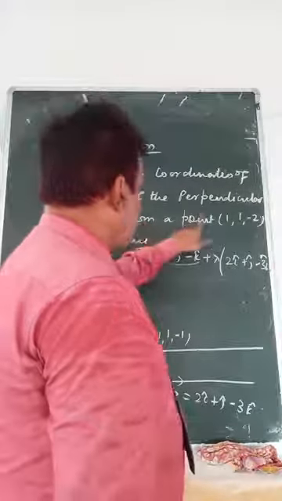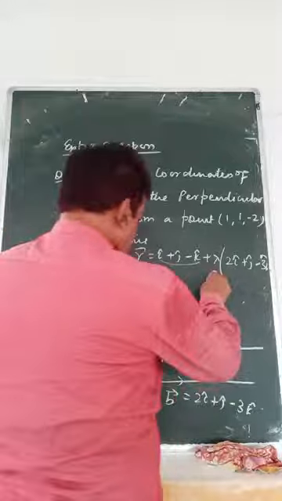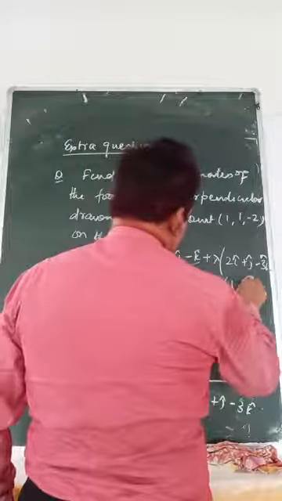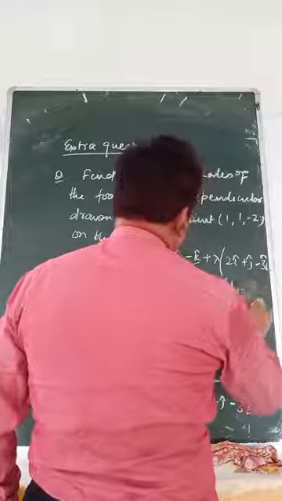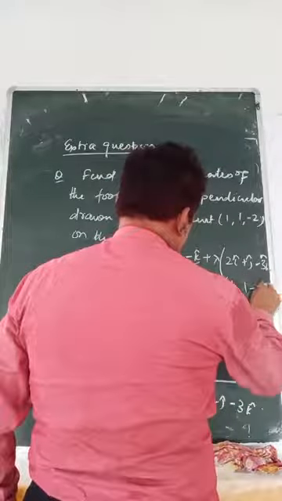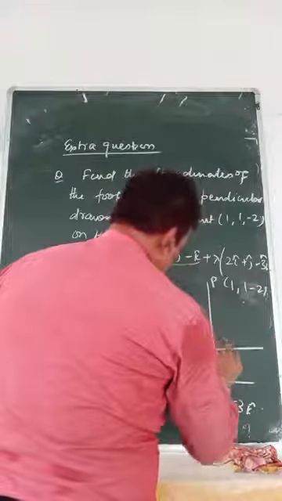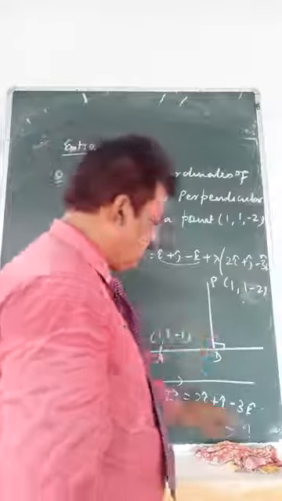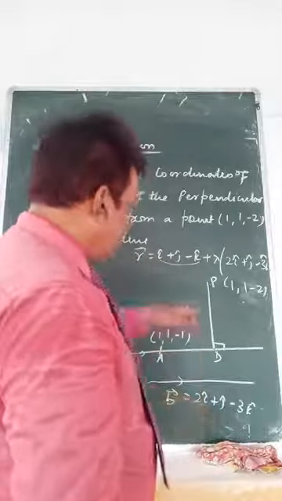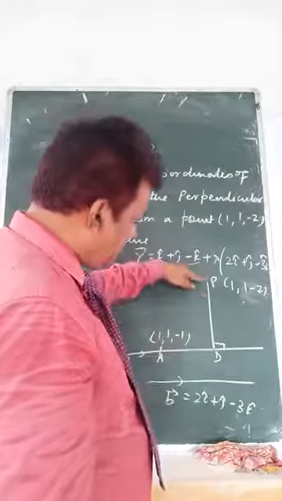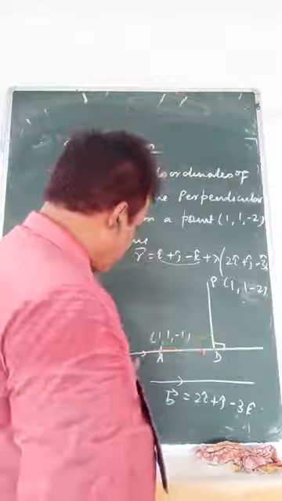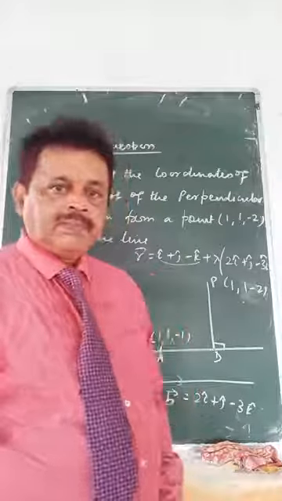Okay, now drawn from a point. So there is a point here, that is (1, 1, −2). Suppose this is the point D. You are asked to find the coordinates of the point D, that is the foot of the perpendicular drawn from this point on this line. That means PD is perpendicular to the line r.